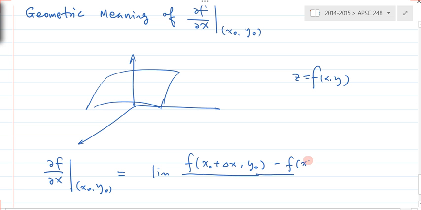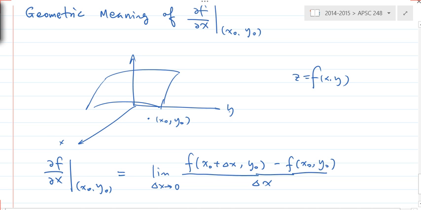So f of x naught plus delta x, y naught, minus f of x naught, y naught, over delta x, as delta x goes to 0. That's the definition of the partial derivative. And this is more precise: this is a partial derivative at specifically a location x naught, y naught. So maybe x naught, y naught is here.